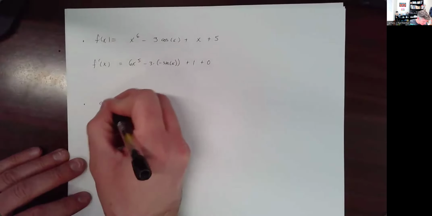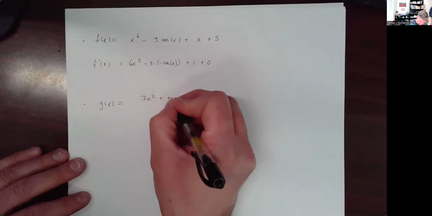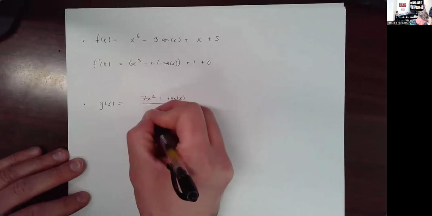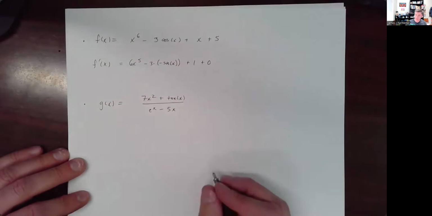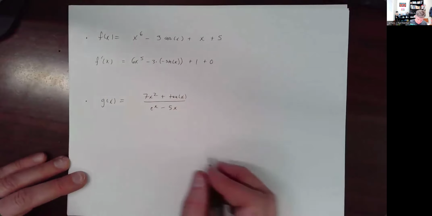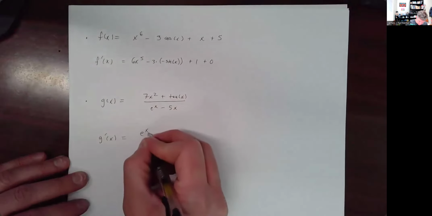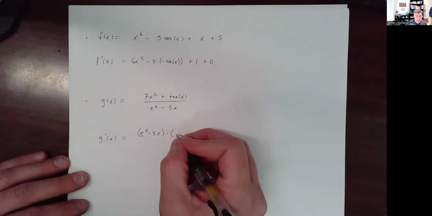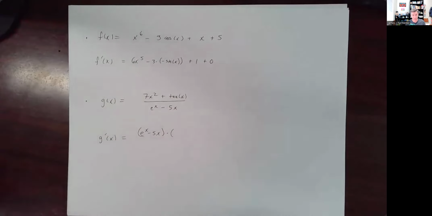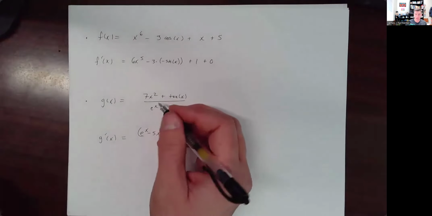G of x equal to 7x squared plus tangent of x over e to the x minus 5x. And I'm going to take the derivative. I'm going to use the quotient rule. So it's going to be the denominator, or the bottom, times the derivative of the top, which you can write out as 7x squared plus tangent of x prime, but if you're trying to save yourself time and space, I would probably just take the derivative if it didn't feel too complicated.